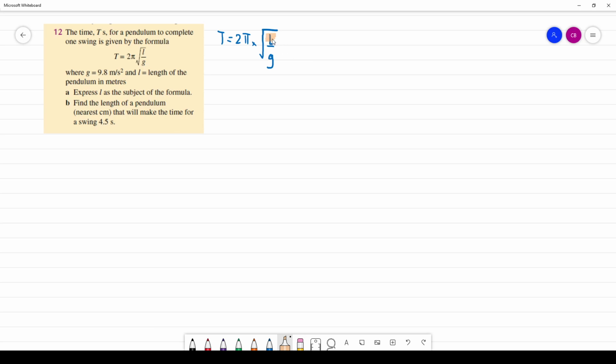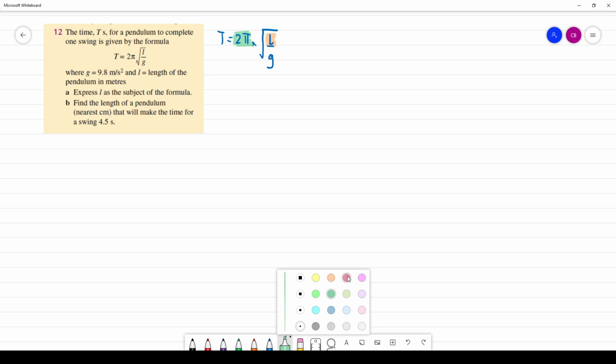L is right here. To make it the subject of the formula, I just have to get it by itself, but there's a lot of other stuff happening. I've got this 2 pi that is multiplying this square root.